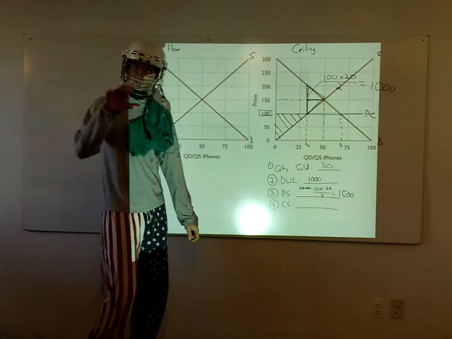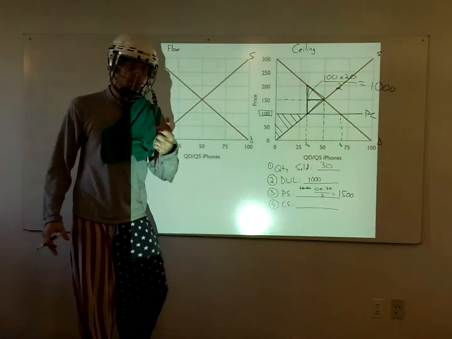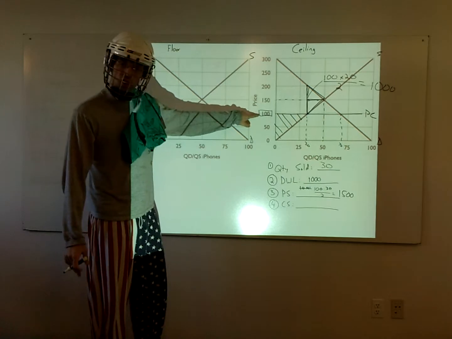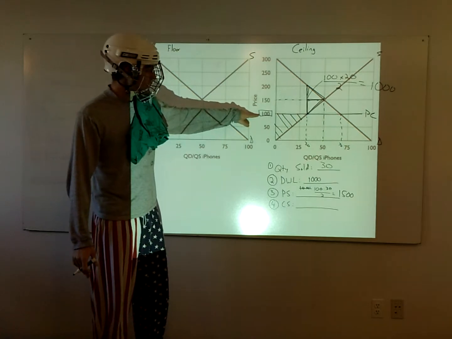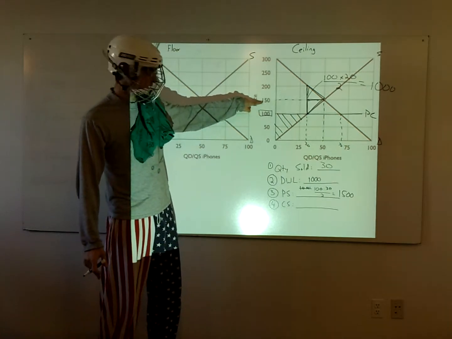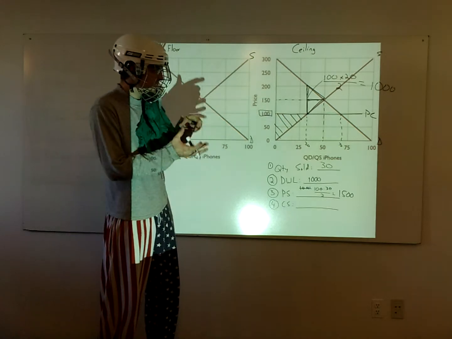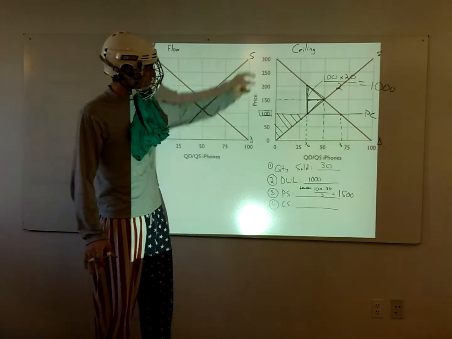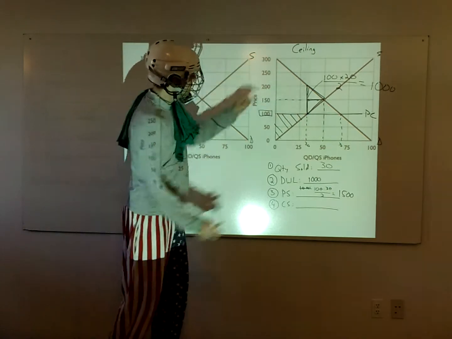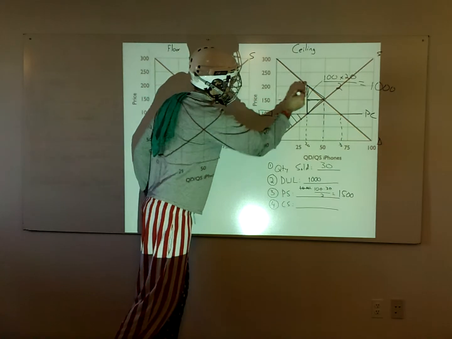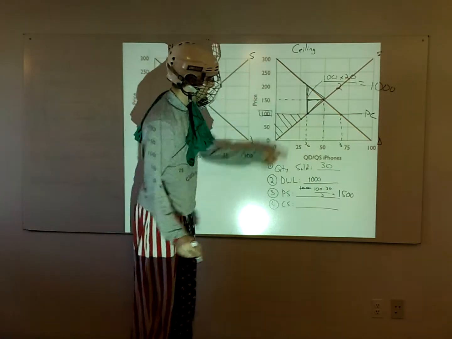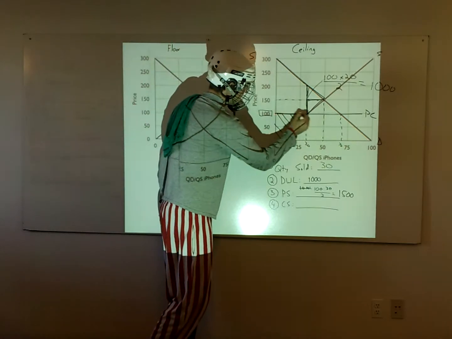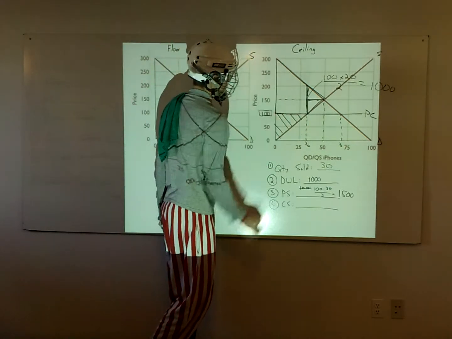Now my consumer surplus is a little bit trickier. What's the price of these iPhones now? It's 100. So notice, consumers used to pay 150. Now they're paying only 100. So we're going to see an expansion here for the people that are still getting to buy iPhones. So here's your demand curve, like so. But you're limited by your quantity here, and your price here. So you get kind of a weird trapezoid here.